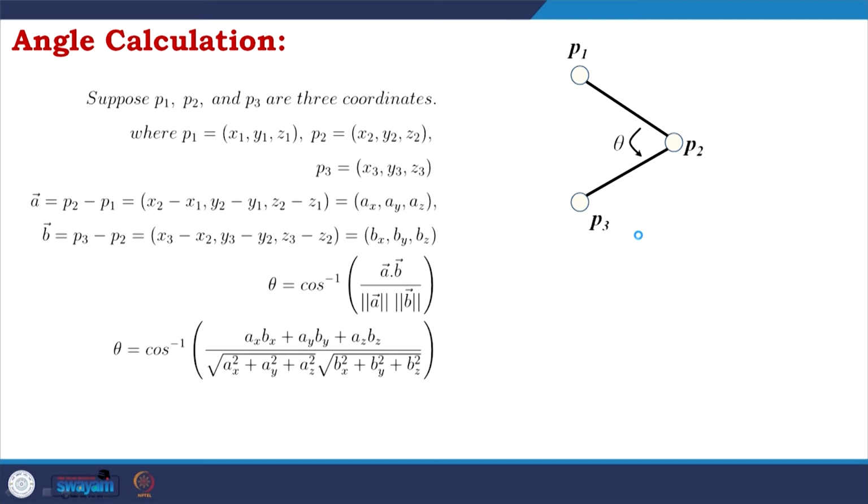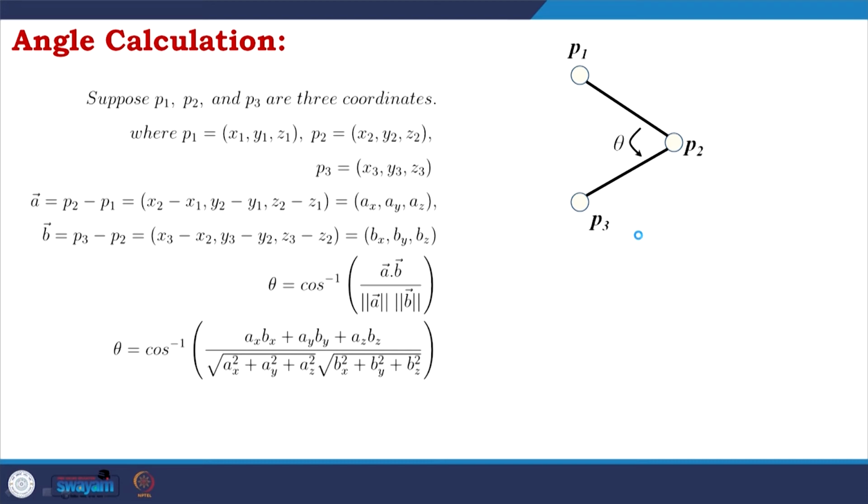A is P2 minus P1, which is Ax, Ay, Az. B vector is P3 minus P2, which is Bx, By, Bz. So, now the theta, the angle, would be cos inverse of the dot product of the two vectors divided by the product of the absolute values of the two vectors.